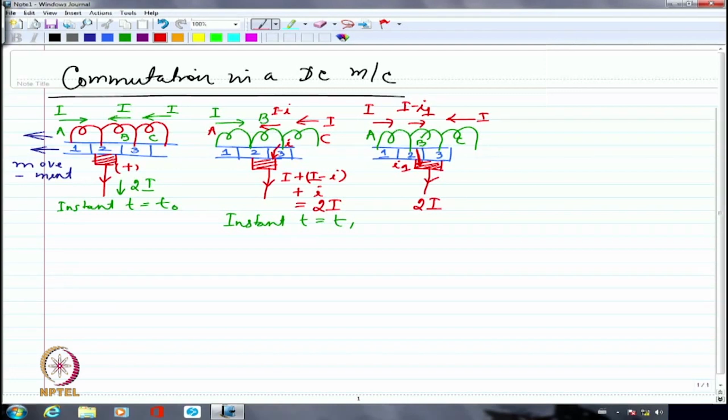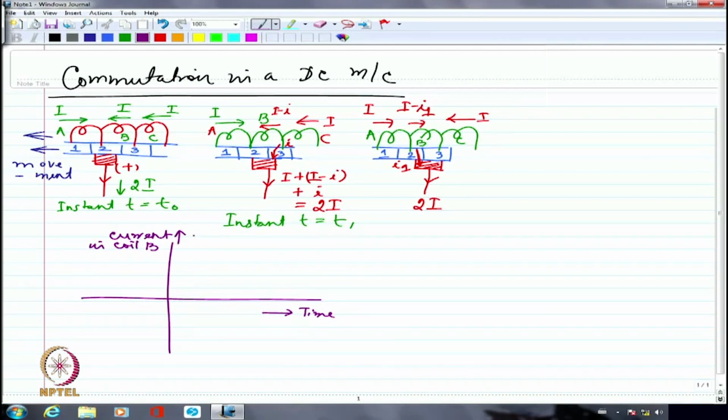The only thing you have to understand is the current variation. So with respect to time, let me plot the current in coil B. Initially at time t equal to t0, when segment 2 was collecting the current, the brush was not making any contact with 3.